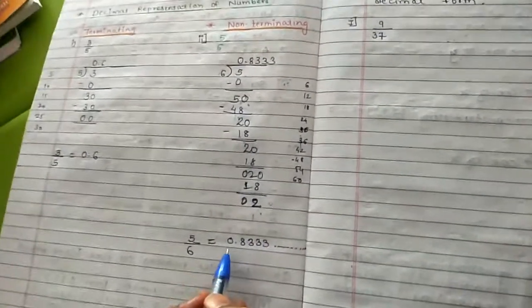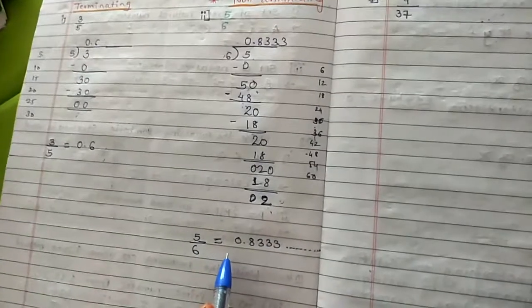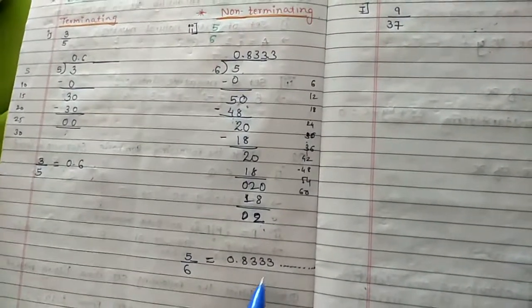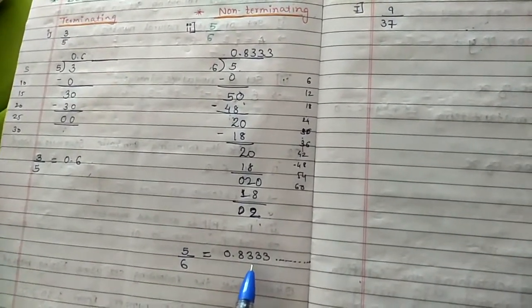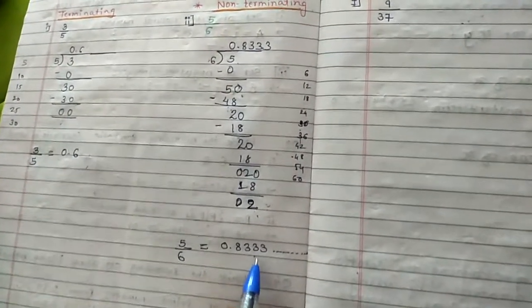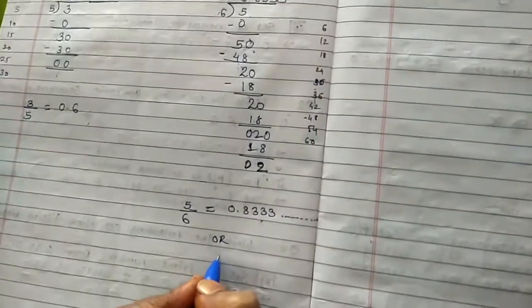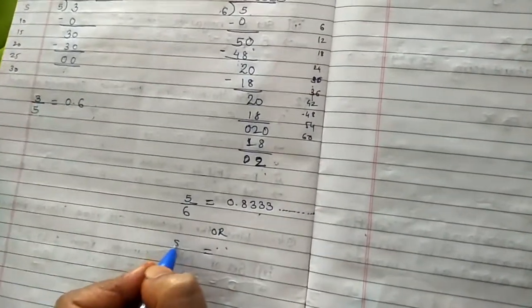It means this division of this fraction is unending, because it is non-terminating, and this decimal form of the rational number is called non-terminating. So here you can write like this, or you can write like this also.